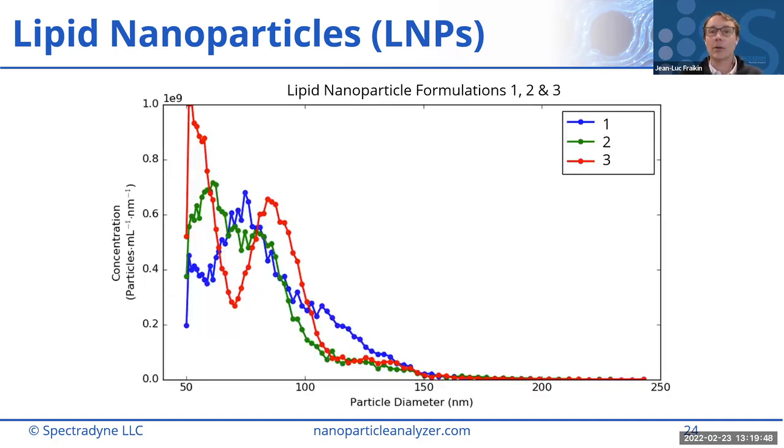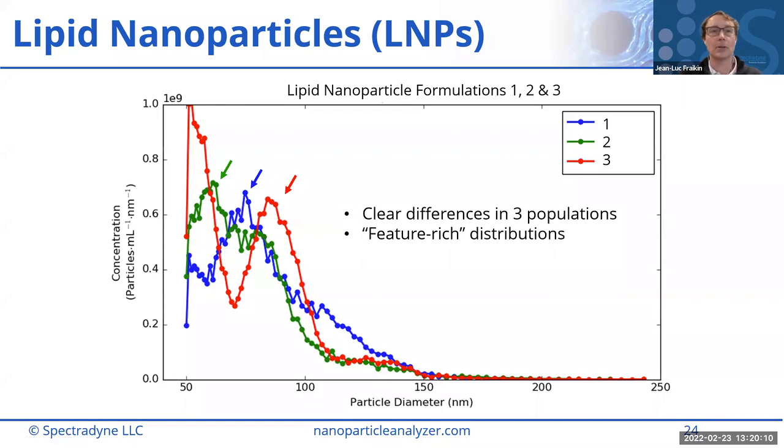And these are the particle size distributions that we obtain when we measure them using MRPS. Right away, there are clear differences between the three different samples. They have peak mode diameters that vary between the three samples, and they have rich distributions, right?